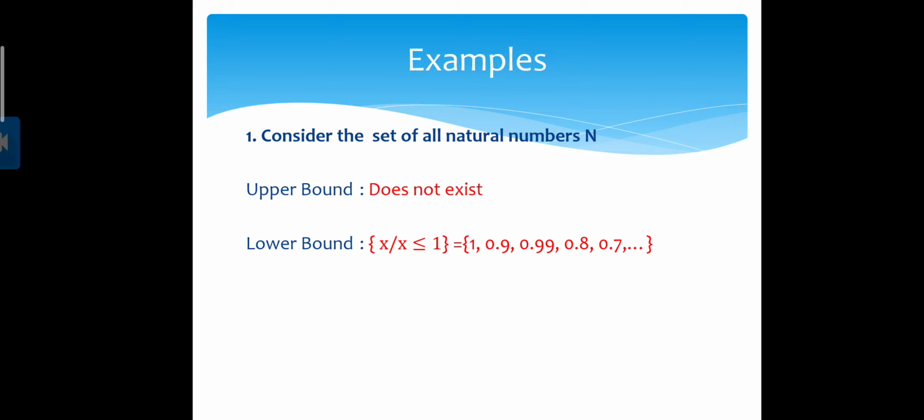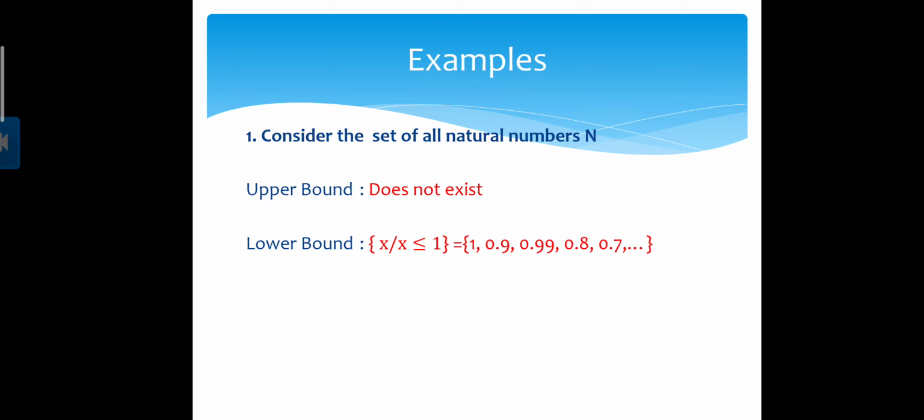Consider the set of all natural numbers. What is the upper bound? It starts with 1 and keeps on increasing, and it goes to infinity. Therefore, we cannot find any upper bound, so it does not exist. What is the lower bound? It starts with 1 and keeps on decreasing. So x is less than or equal to 1, the set of all x such that x is less than or equal to 1.